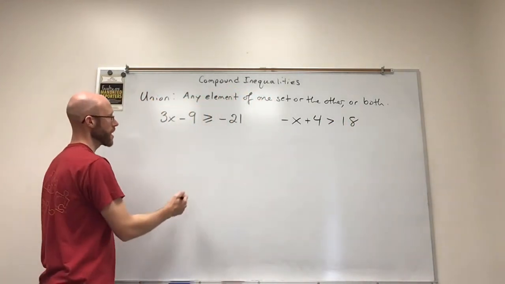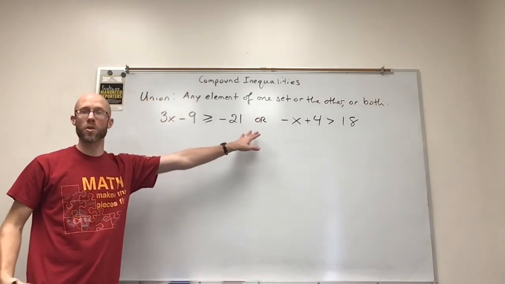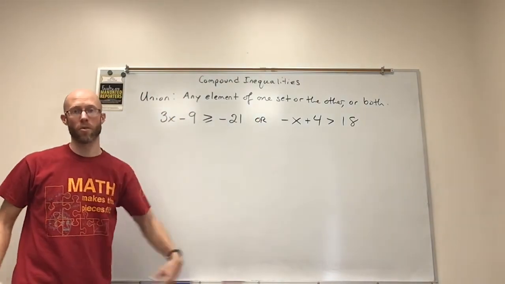So on this one, and then let's throw the word or in the middle. All right, so I'm looking for the union of these two, one or the other or both.